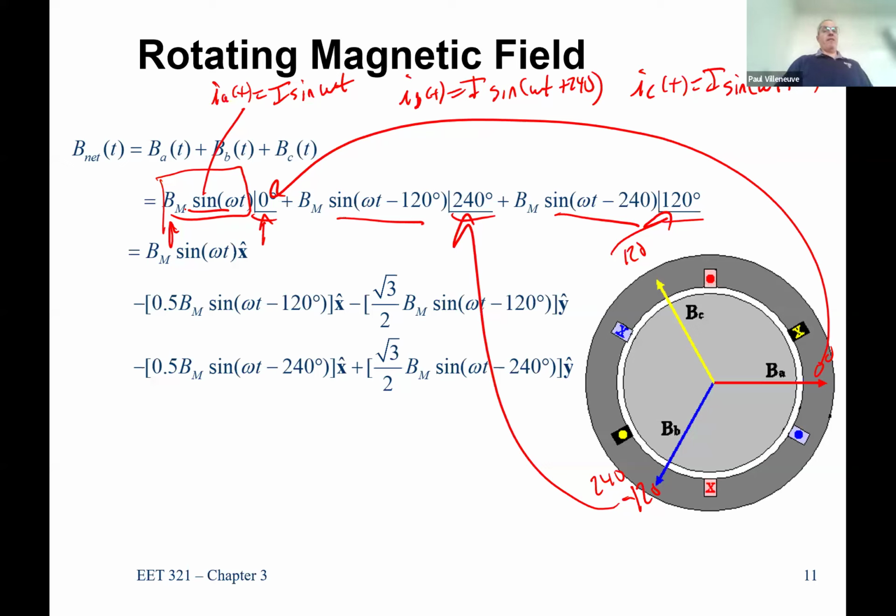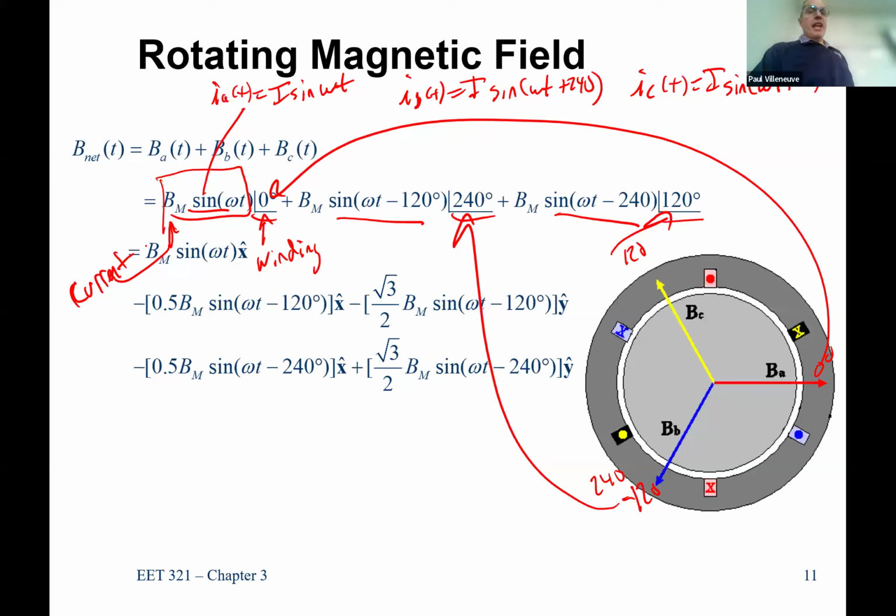I'll write it as a function of the maximum magnetic field, and then I'll just multiply it by whatever the current is, where the current is on its sine wave. So I got this one from the winding configuration, and this one's from the current. That's why I get those two values.